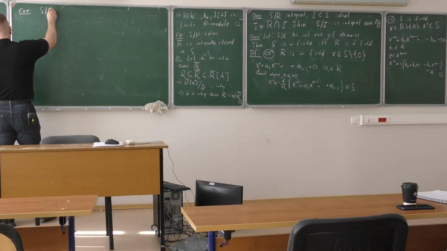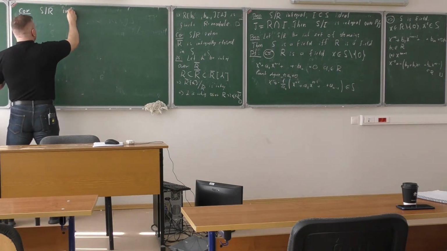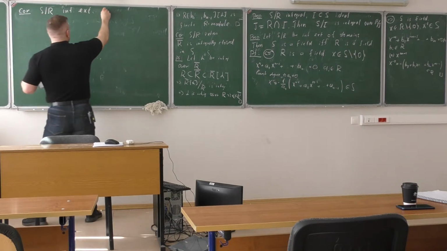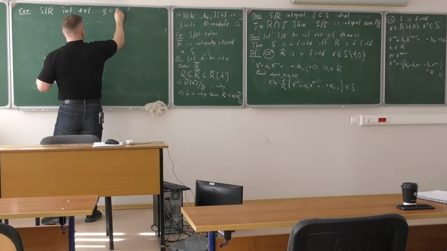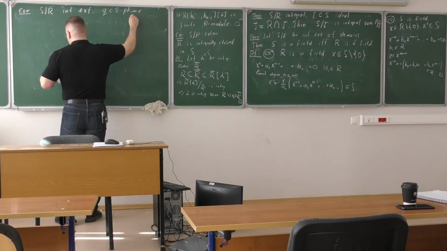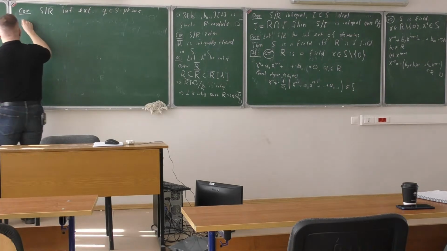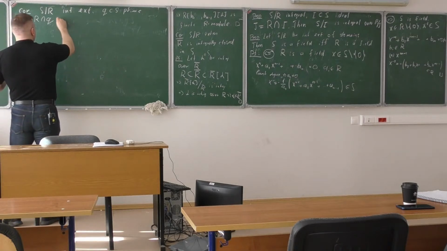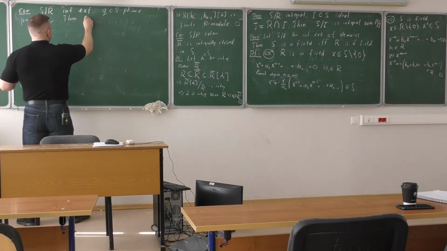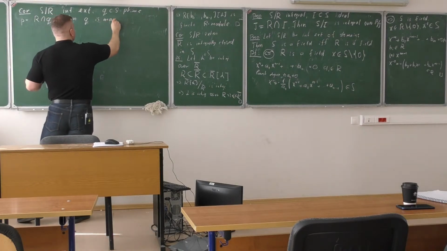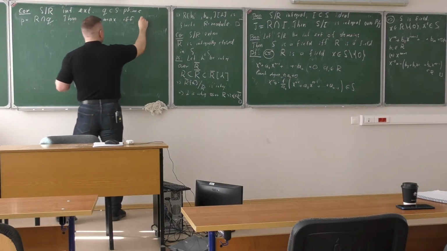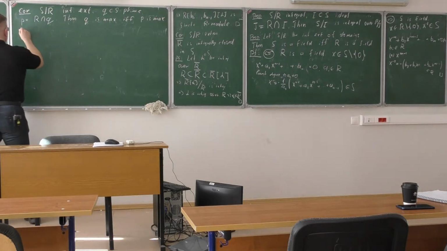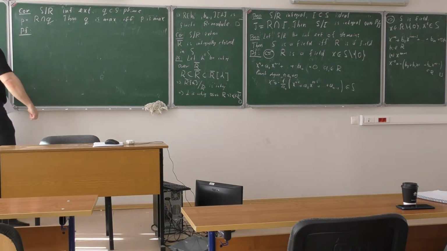If we have S over R an integral extension, and we take Q in Spec S and P as before, the intersection of R and Q, then Q is maximal if and only if P is maximal. The proof is just the combination of the previous two propositions.